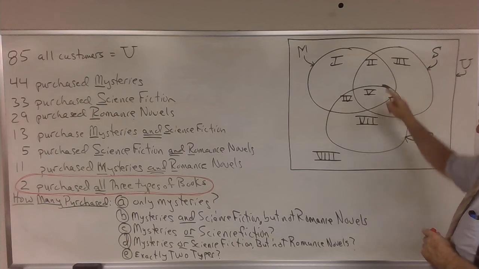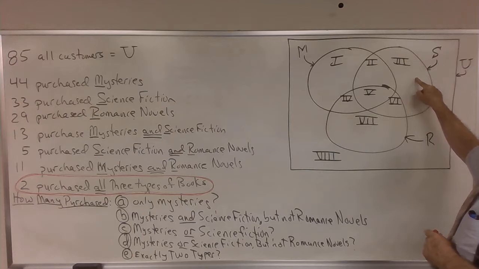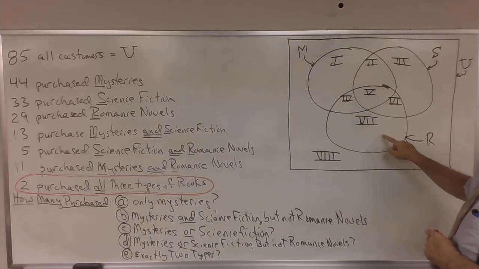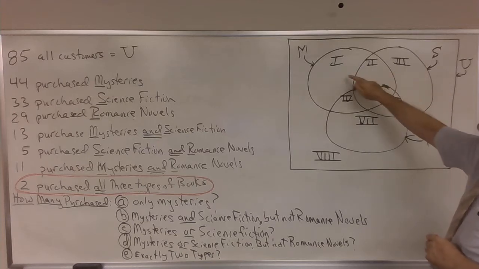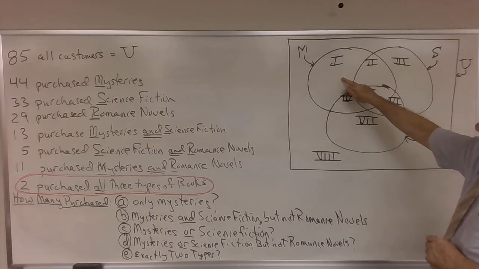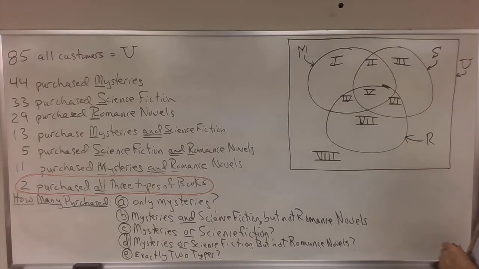That's not it. 2 is in both the mystery circle and the science fiction circle, but 2 is not in the romance circle. 3 is in the science fiction circle, but it's not in the mystery circle, and it's not in the romance circle.